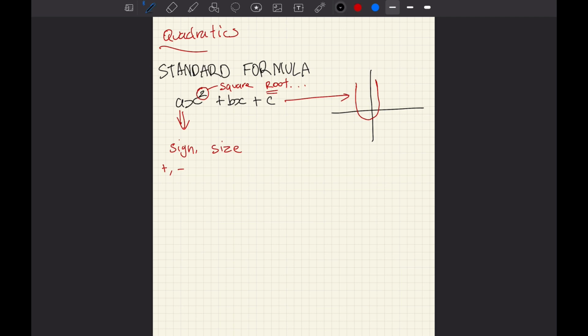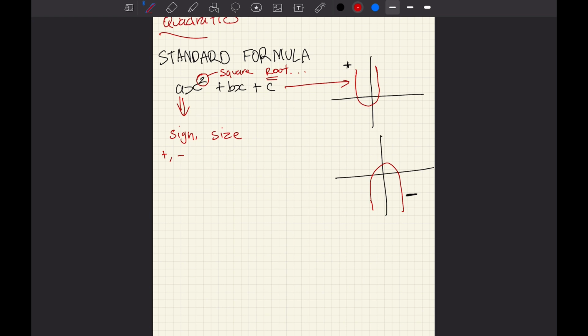If a is positive, the curve goes in an upward direction, like a smiley face. If a is negative, it goes downwards, a negative direction, or as we like to call it, negative concavity.